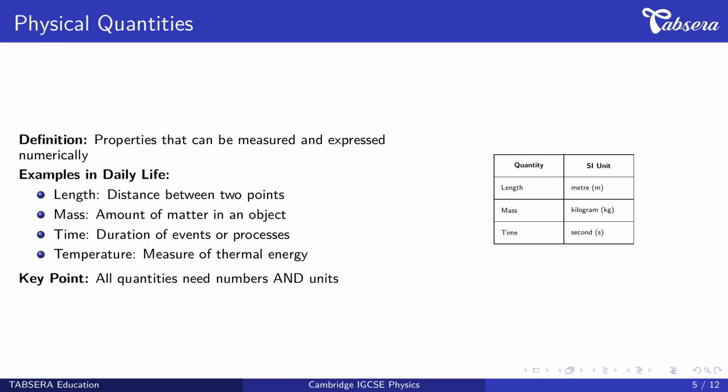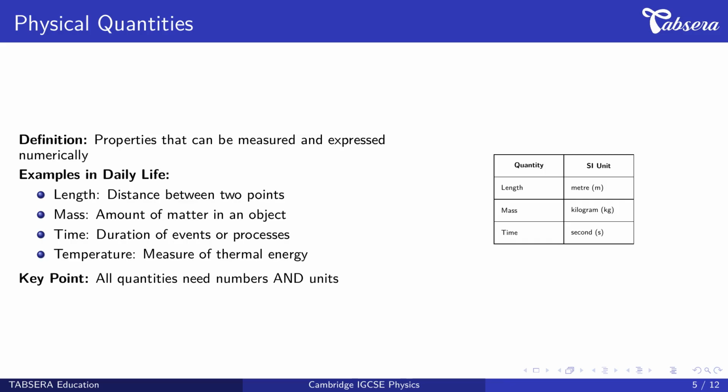Now we examine physical quantities in detail. A physical quantity is any property that can be measured and expressed numerically with appropriate units. The definition emphasizes that measurement requires both a number and a unit. Examples in daily life include length, which is the distance between 2 points, measured in meters; mass, which is the amount of matter in an object, measured in kilograms; time, which is the duration of events or processes, measured in seconds; temperature, which measures thermal energy, measured in Kelvin or Celsius.